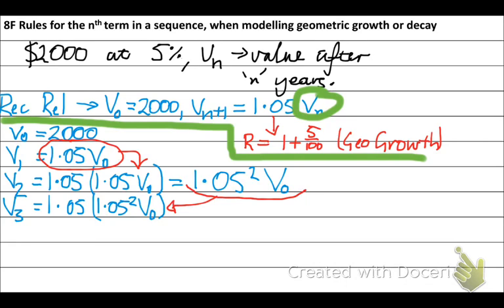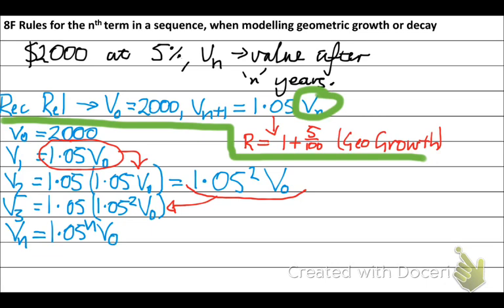If we follow this pattern, we start to create the general rule. What we get is Vn equals 1.05, the rate that we're growing at, to the power of n, times V0.